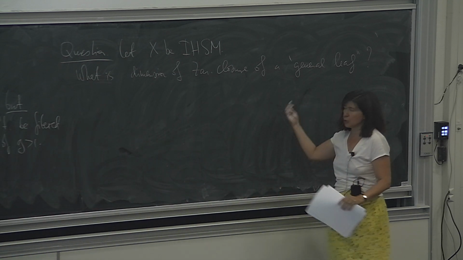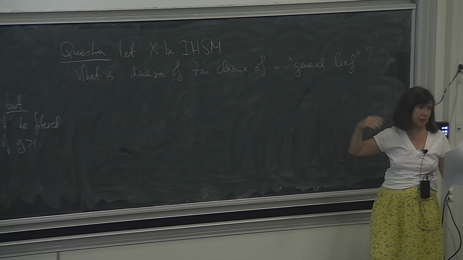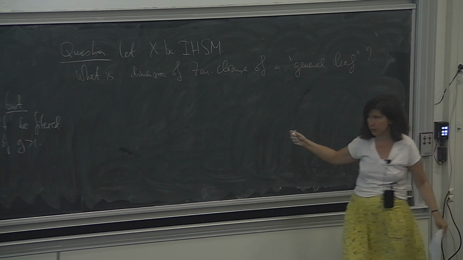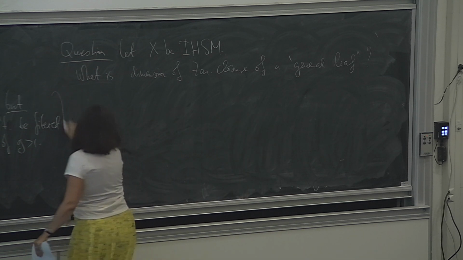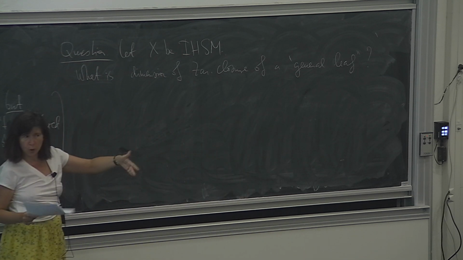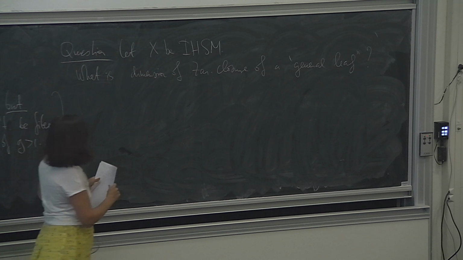So general, let's say, through a point outside of a countable union of closed subvarieties. And where this countable union comes from, this is this invariant Hilbert scheme.